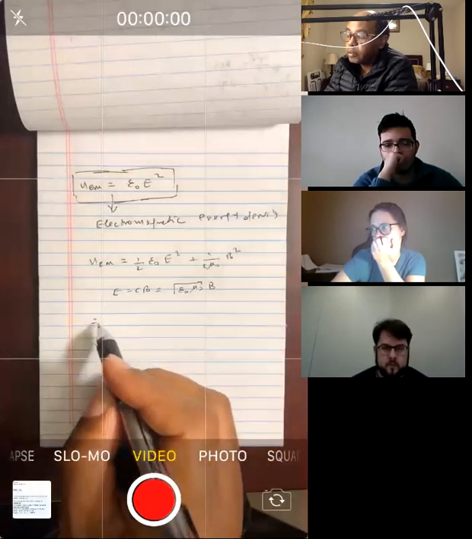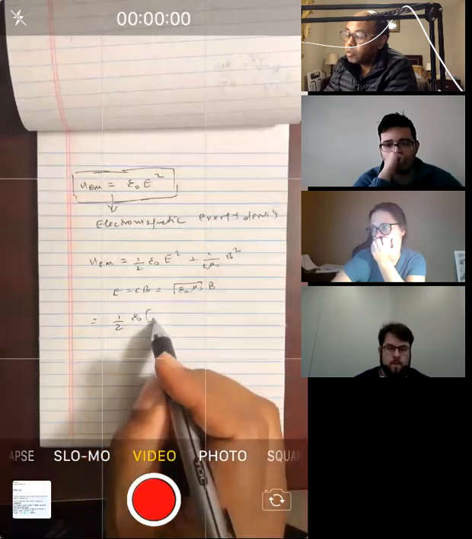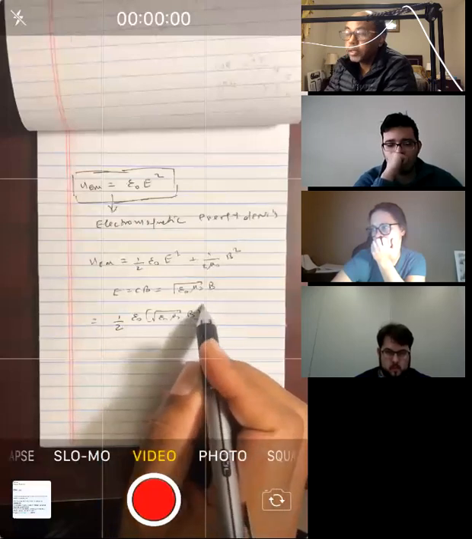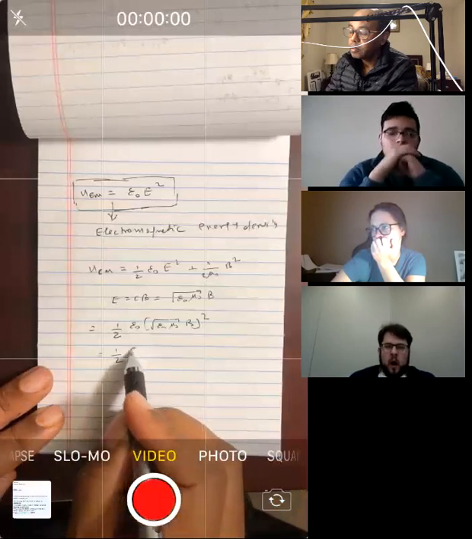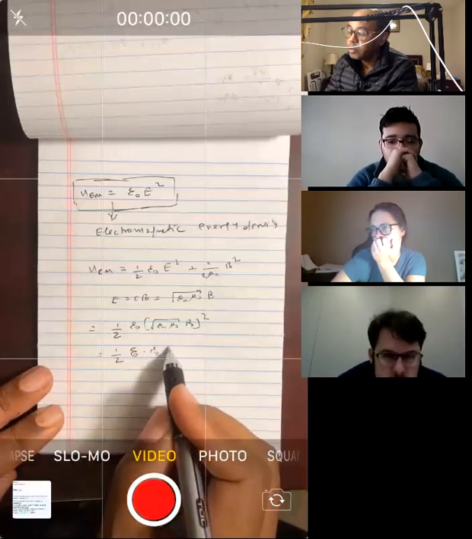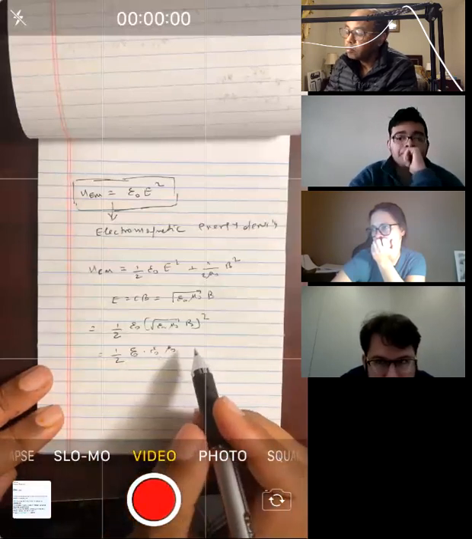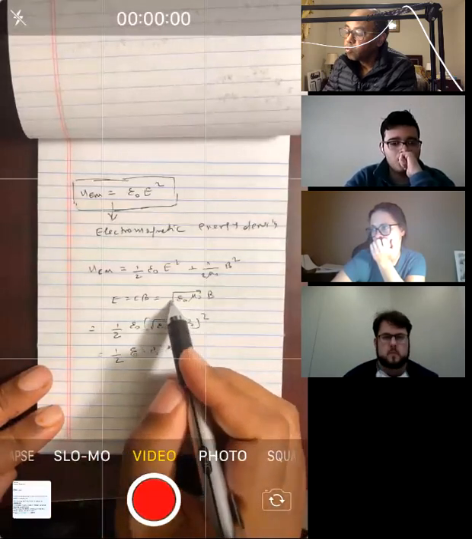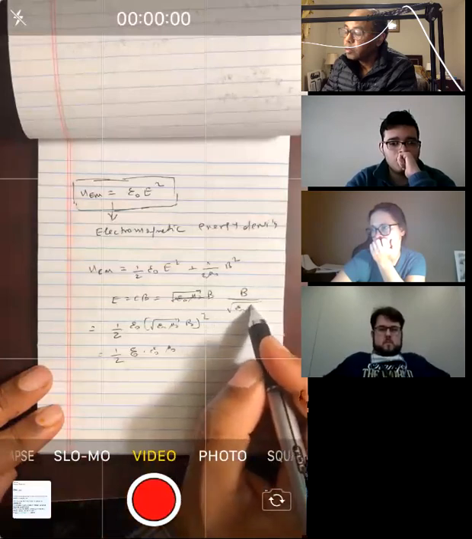So let's simplify. This is half epsilon, and then this one squared. No, C is, no, I'm sorry. C is 1 over square root of epsilon mu naught, so E is going to be B over square root of epsilon mu naught.